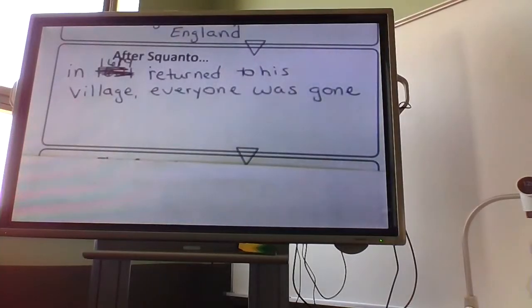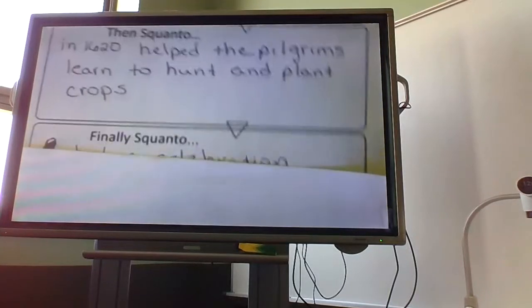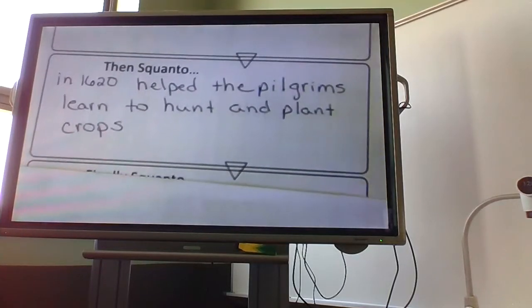So to be able to show that in simple words, this is what I wrote for "then." I said, in 1620, he helped the Pilgrims learn to hunt and plant crops. I didn't write all of that down. You can write specifics.